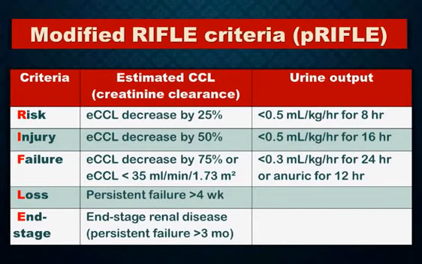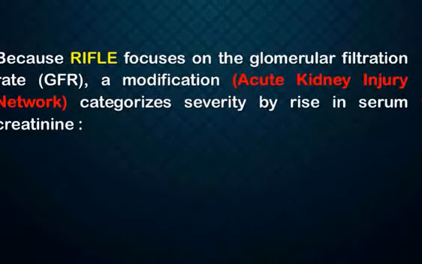But because the RIFLE focuses on the glomerular filtration rate and takes the estimated creatinine clearance to give an idea about the approximated GFR, there is what is called the Acute Kidney Injury Network, which is another global association, that put a modification for this criteria to categorize the severity of the acute kidney injury depending not on the estimated creatinine clearance or the urine output, just on the serum creatinine.